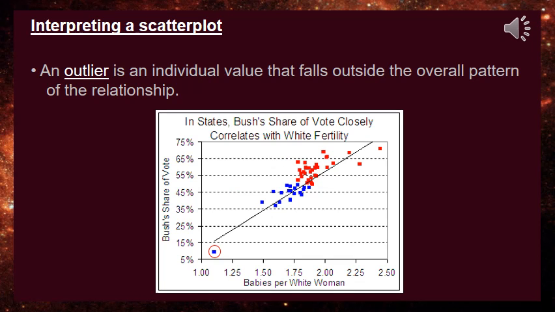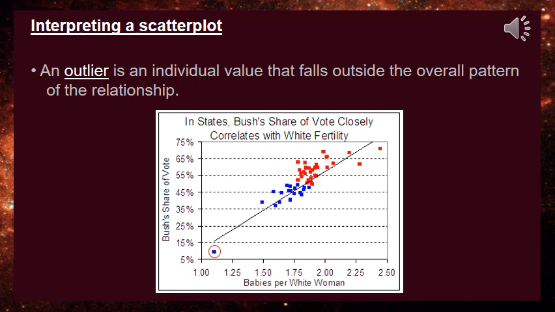When you read scatterplots, you also have to look at outliers. But be careful, not all data points that are outside the bulk of the distribution are necessarily outliers. For example, here, you can see a scatterplot showing the correlation in the United States for each of the states, the correlation between what percent of voters voted for George Bush and the fertility rate in these same states.